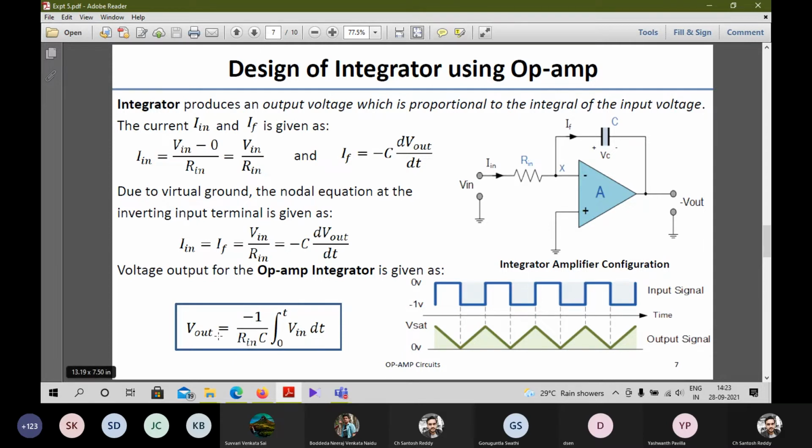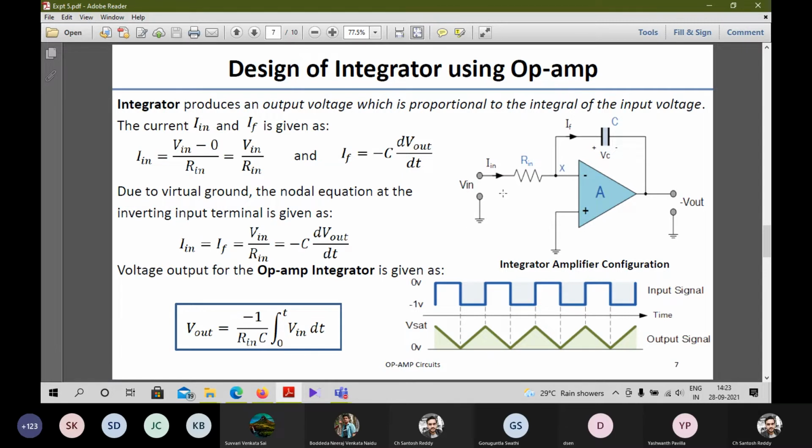Here we can observe that our output voltage Vout is directly proportional to the integral of the input voltage. That's why we can say that if the capacitor is placed at the feedback side, this op-amp circuit acts as an integrator, because the output is directly proportional to the integration of Vin, with a proportionality constant equal to minus 1 by RinC.